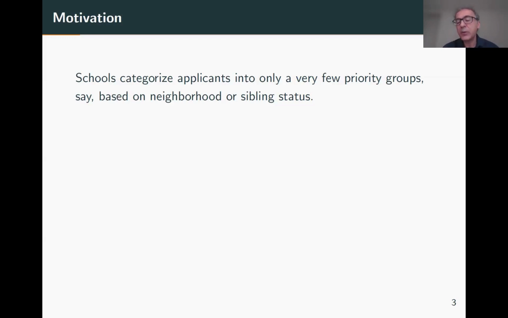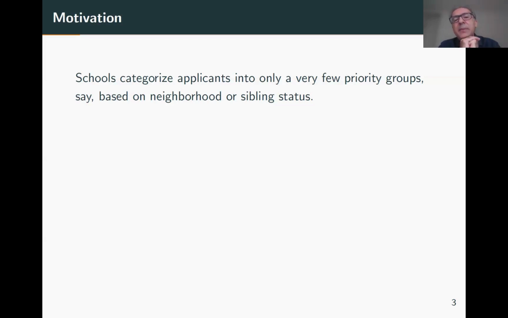That's the question. But the question is a little bit more complicated than this, because in our problem, especially in the school choice application, schools categorize applicants into very few priority groups, like based on neighborhood or sibling status. In Boston, for example, there are pretty much only two categories that define a student's priority.